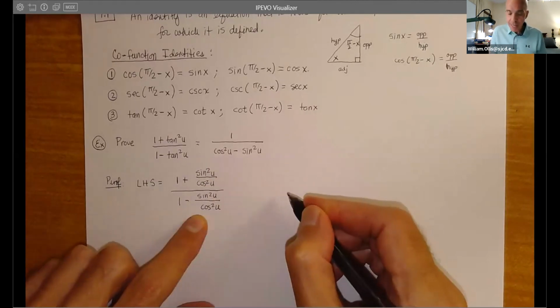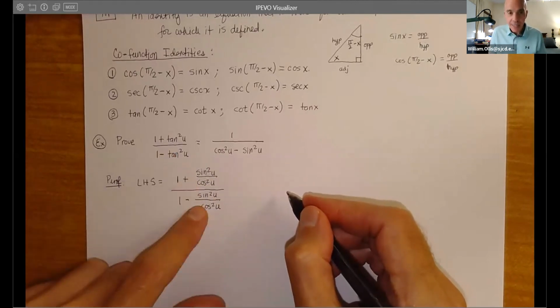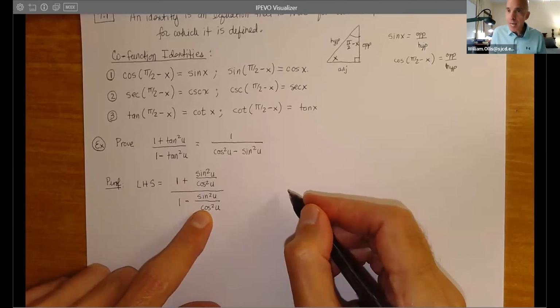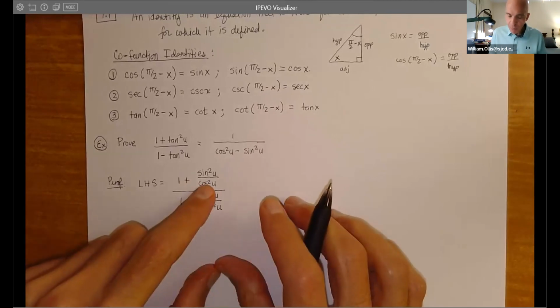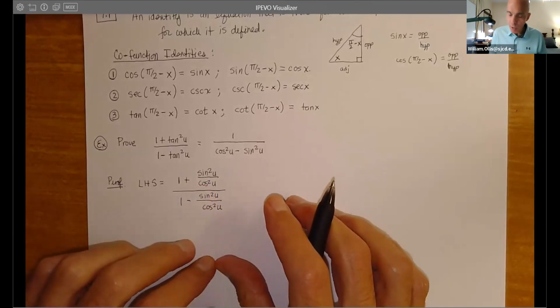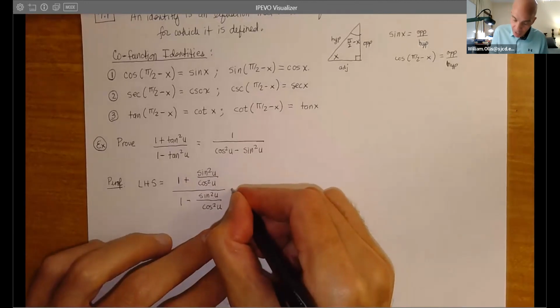Now that's the left-hand side starting here, just making the definition of tangent as sine over cosine. So what I think I'm going to do to make this a lot simpler is just multiply and divide by cosine squared. So now I'm just going to do some algebra here.